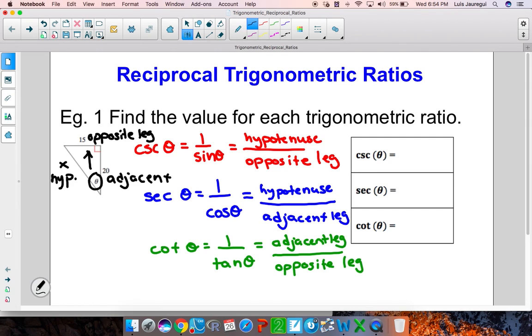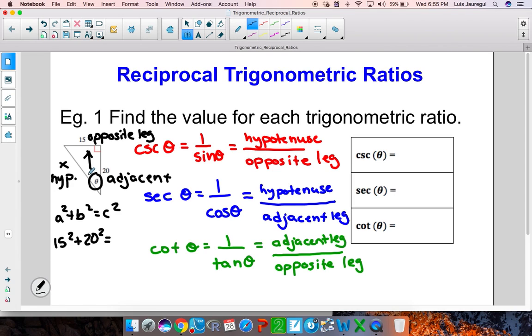Okay, to do so, we can use the Pythagorean Theorem. So let me write it down as a squared plus b squared is equal to c squared. Okay, now the legs are both a and b, so let me go ahead and write 15 squared plus 20 squared, and that is equal to c squared. Now c in this case is the length of the hypotenuse.